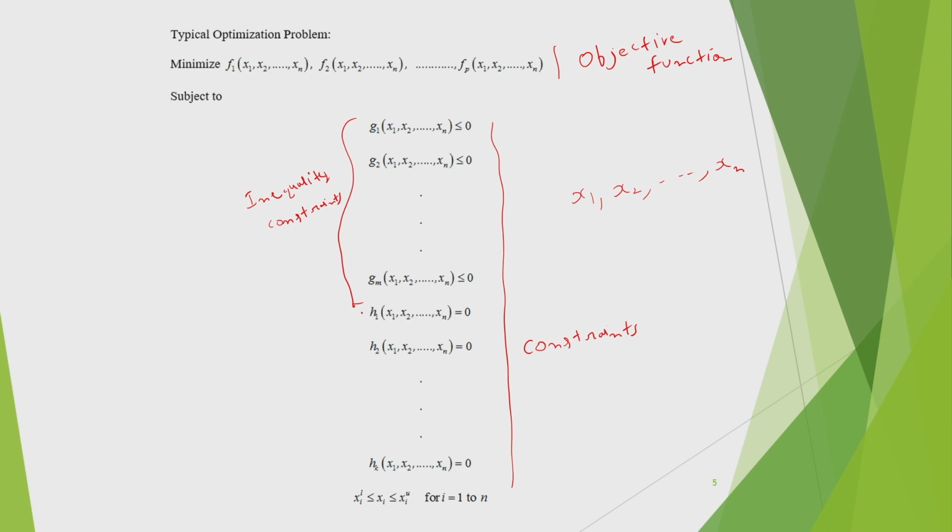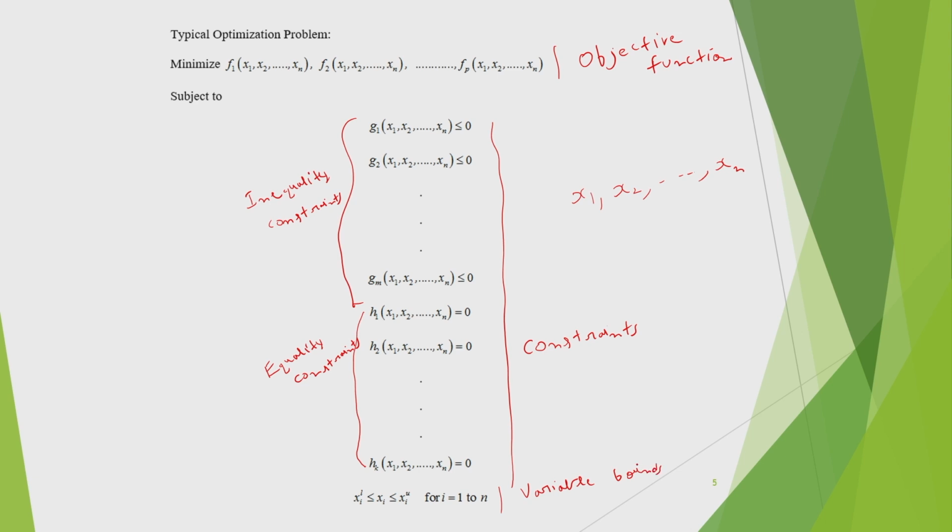And then we have equality constraints, k equality constraints. We have to satisfy those constraints, okay. And then there are also another type of constraint, but mostly people call it variable bounds. That means you have decision variables, and they are bounded.